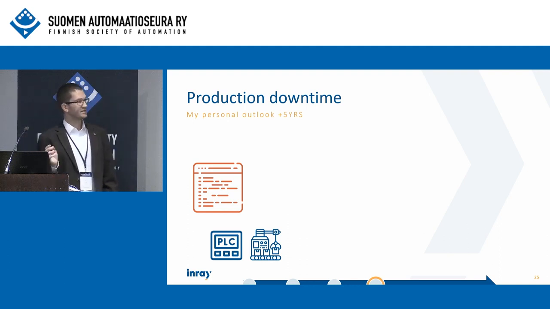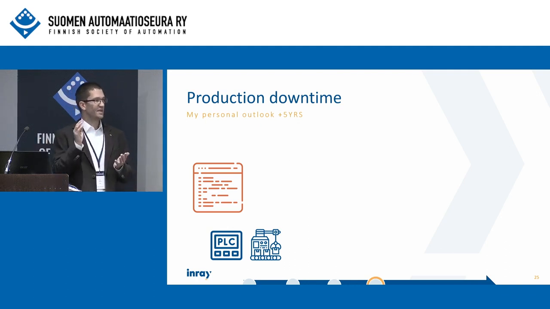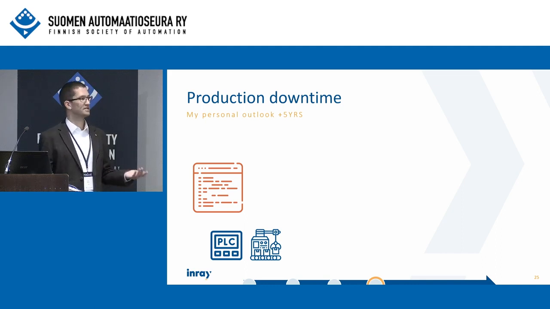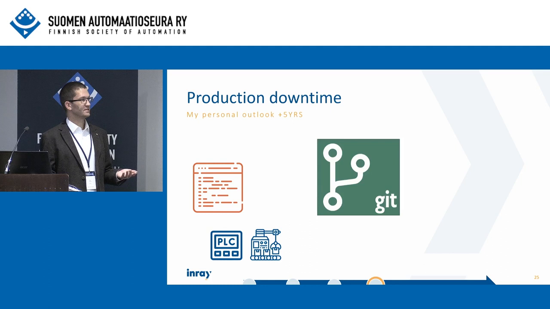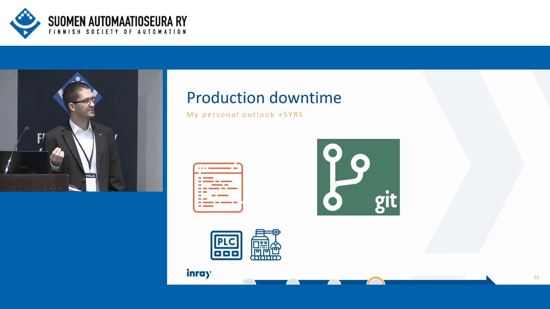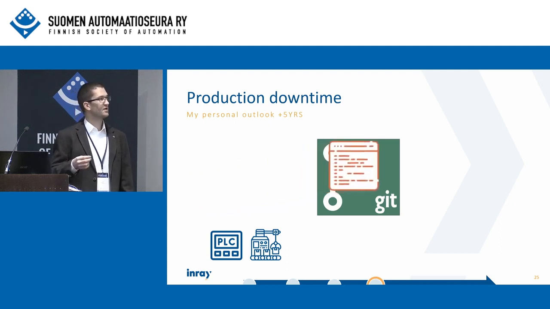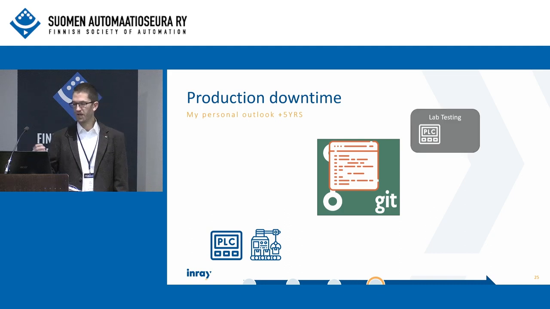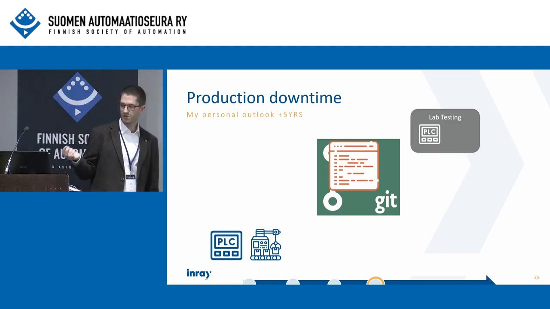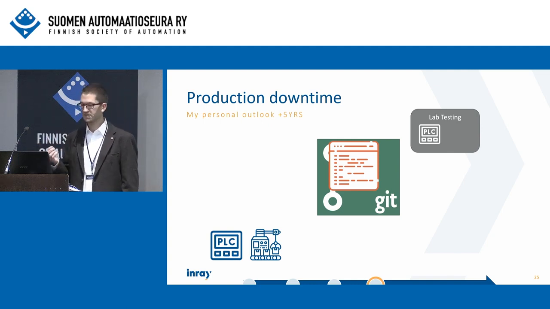In the IT, there is a solution to solve this, to store the application data and the application configuration together in a central versioned place, in a version control system, commonly Git. And from there, in the IT, it is common to use automated processes to deploy this configuration to, for example, a lab testing environment, where we can use virtualized systems and stripped down systems to test our application changes.